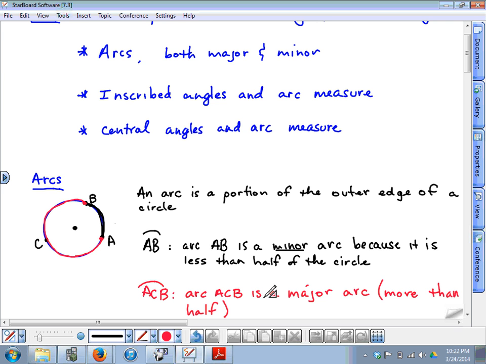So you have minor arcs, you have major arcs. You also have some special ones like I just talked about a few minutes ago. All the way around a circle is called a circumference. If you go exactly halfway around a circle, that's a semicircle.